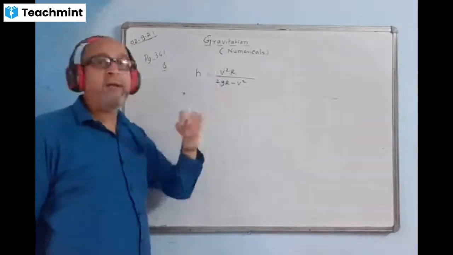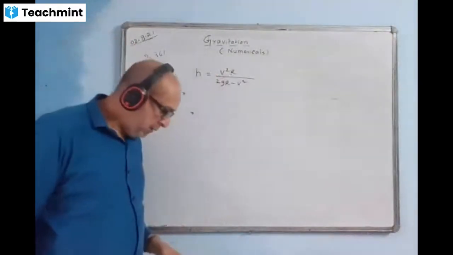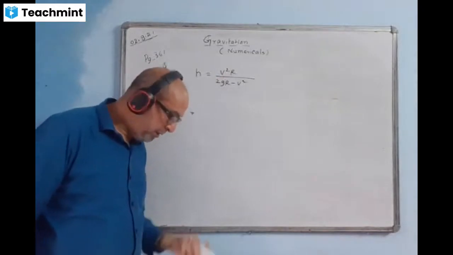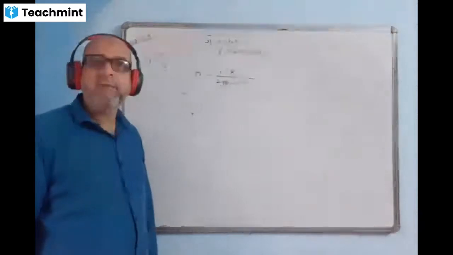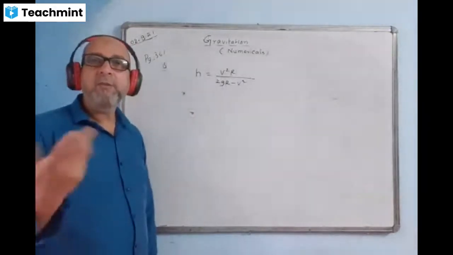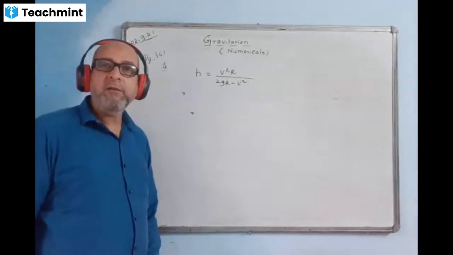The value of V will put 10,000. And radius R value, you will put 6.4 into 10 to the power of 6 in meter only, whatever is given. And the value of G, you will put 9.8. And you only have to do the calculation. I think it is directly formula based and use of calculator.